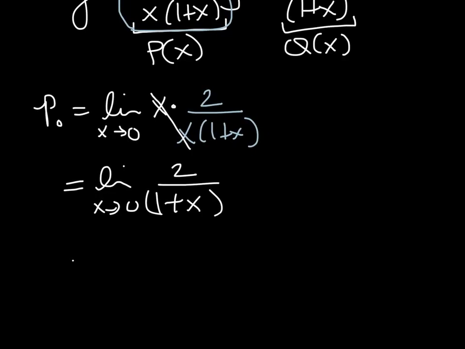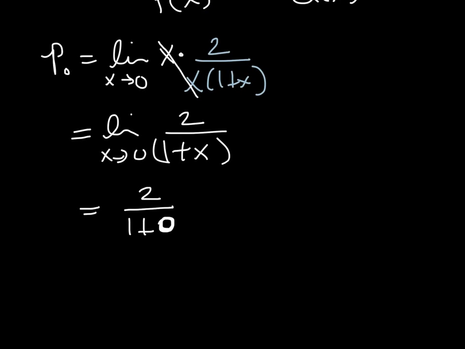If I substitute 0 for x, I get 2 over 1 plus 0, which is 2 over 1, which is 2. So at x equals 0, this rational function is fine. Nothing bad is going on.